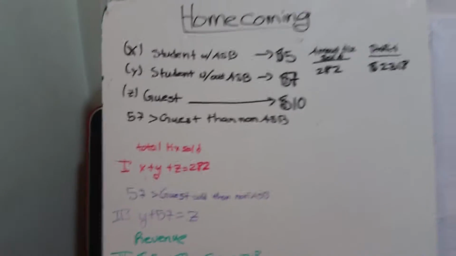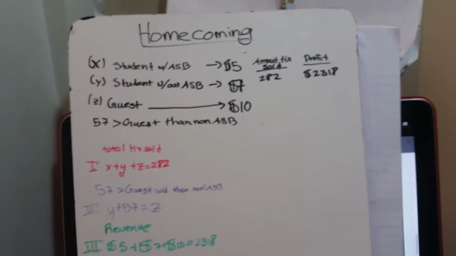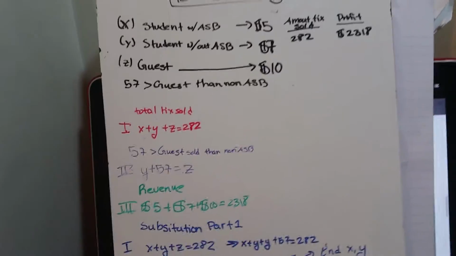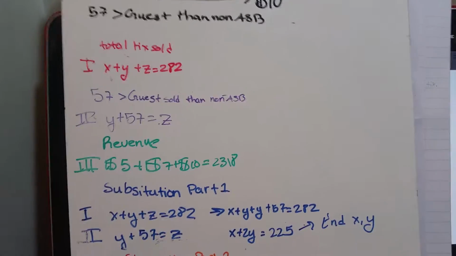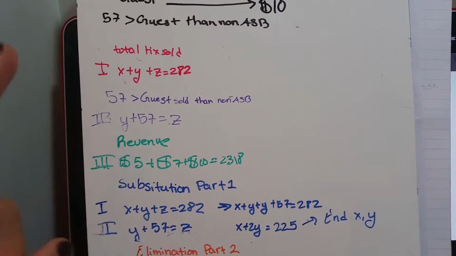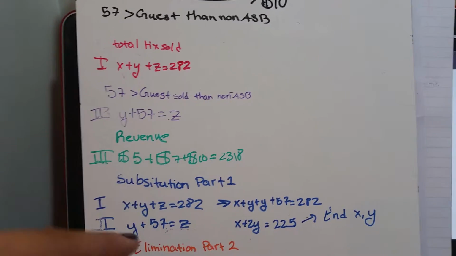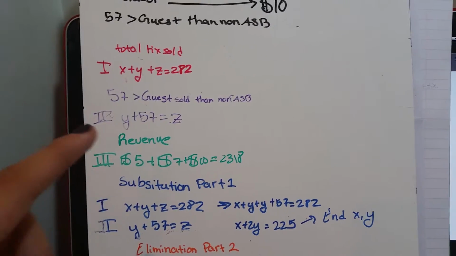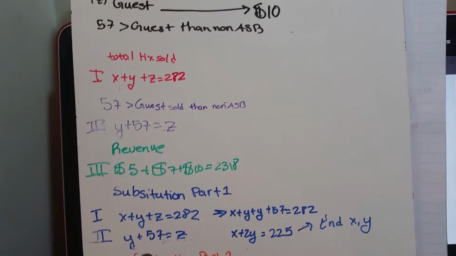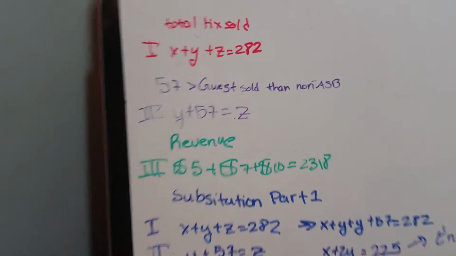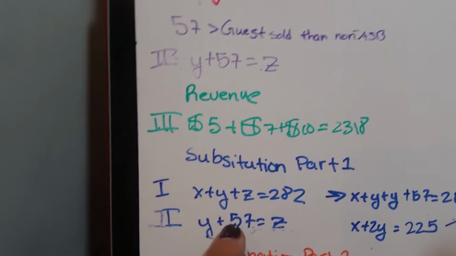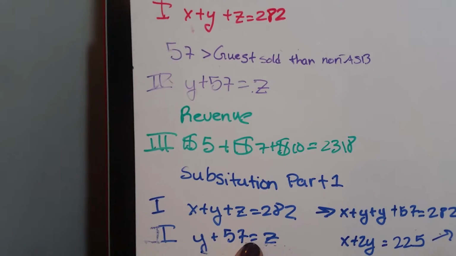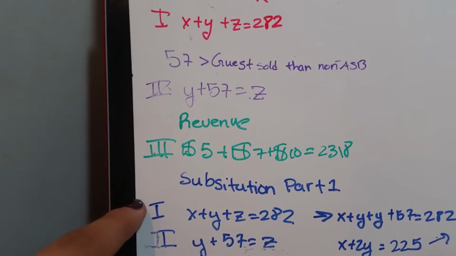So now we have all of that. Our first step is substitution. When we do substitution, we're going to take two formulas. We're going to take 1 and 2. The reason we're taking 1 and 2 is because we are able to substitute the second equation into the first equation.